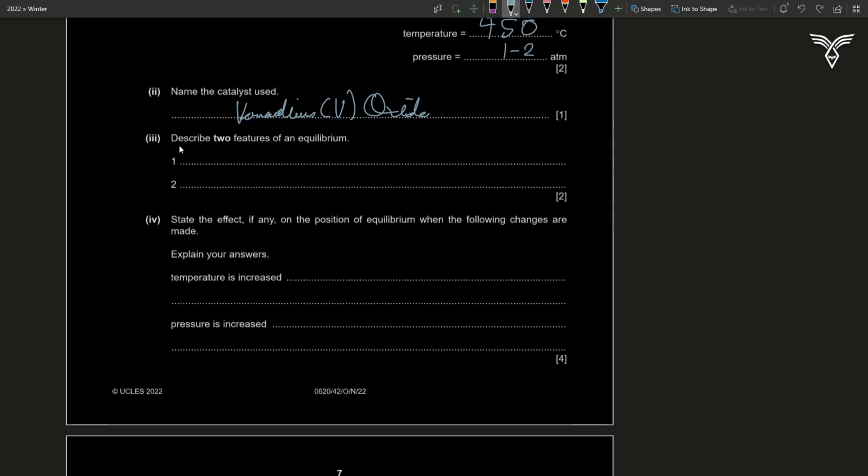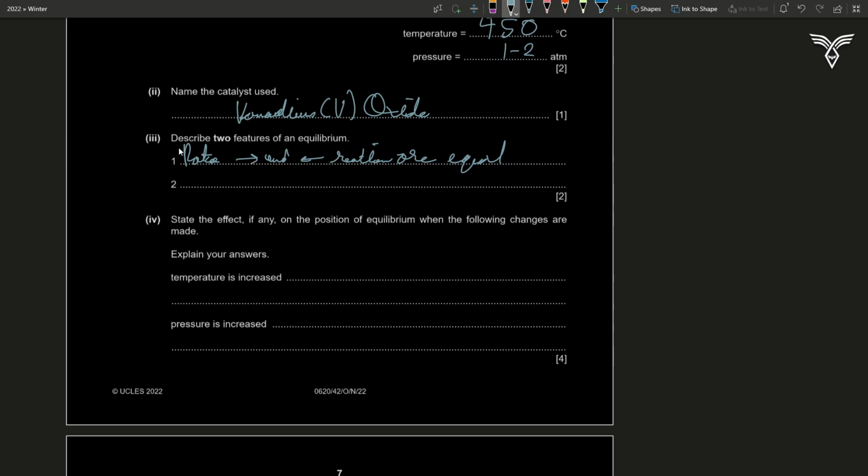Part E, describe two features of an equilibrium. In a dynamic equilibrium, the features are that the rates of forward and backward reactions are equal. Of course, you have to write forward and backward, not draw an arrow.